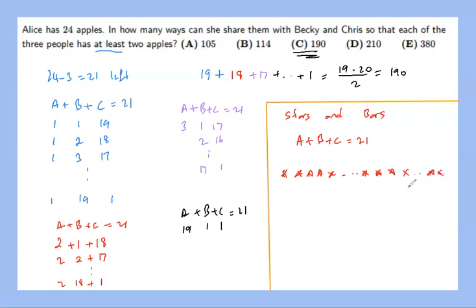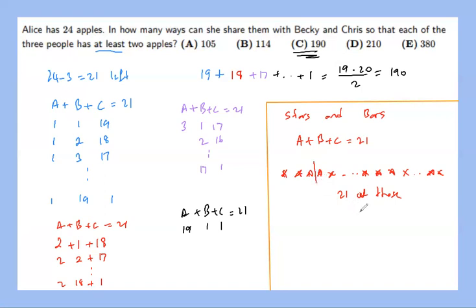Let's say you have 21 of these. You want to make them into three groups, but each person should have at least one, which means in order to make three groups, I need to divide these 21 stars into three groups with two dividers.